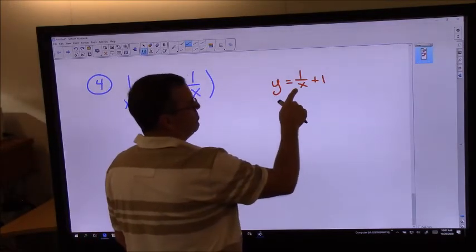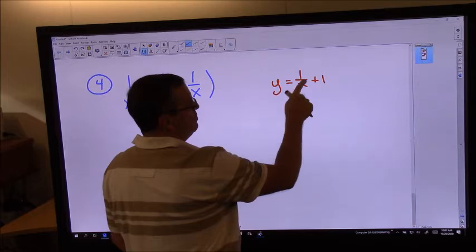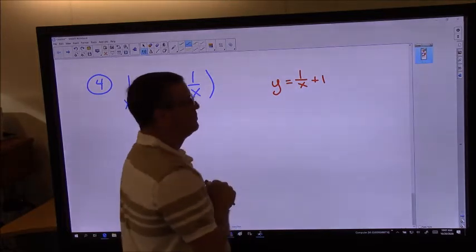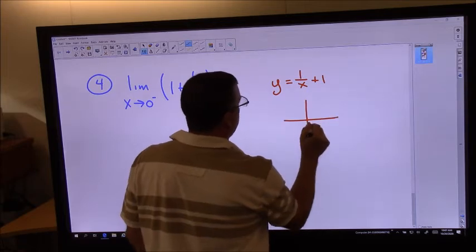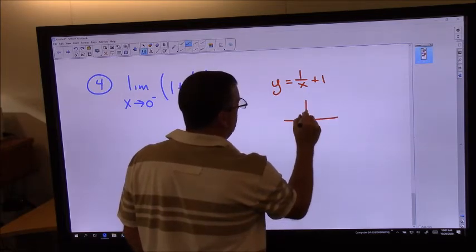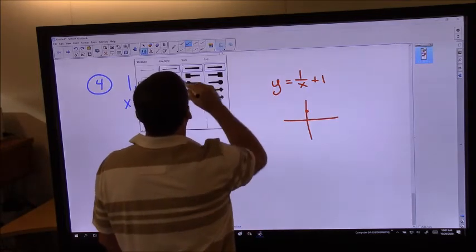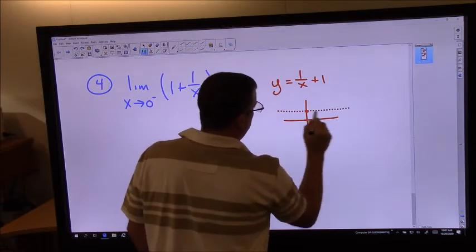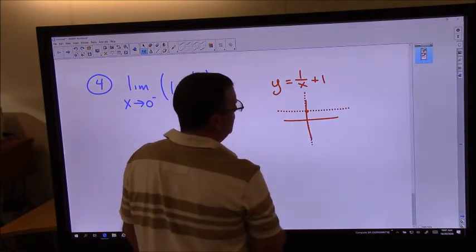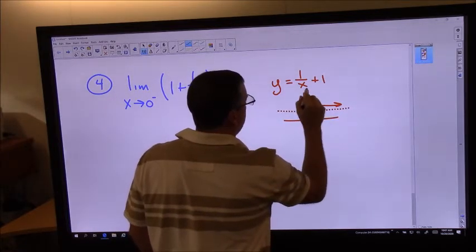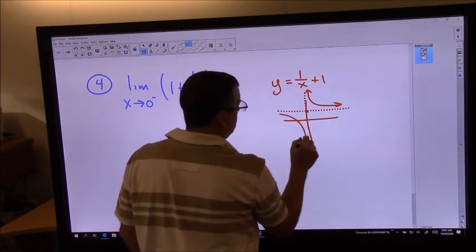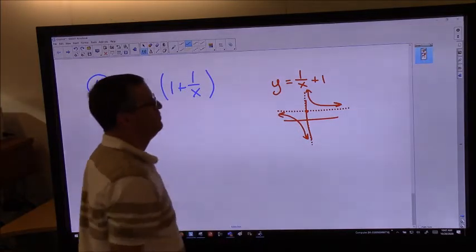The center of the asymptotes would be at 0, comma 1. So if I was going to graph this, 0, comma 1 is going to be right here. I would have an asymptote that goes this way, one that goes this way, and I would have part of my graph right here and part of my graph right here. It's the rational function.